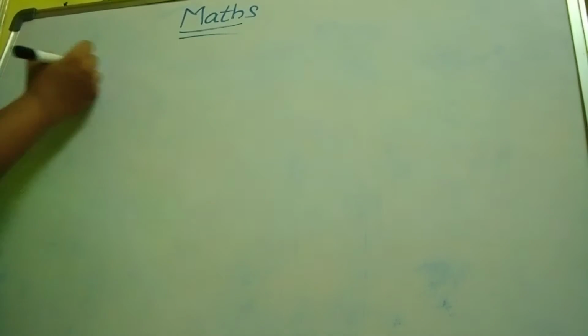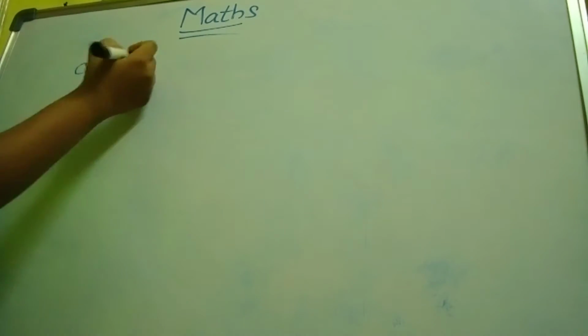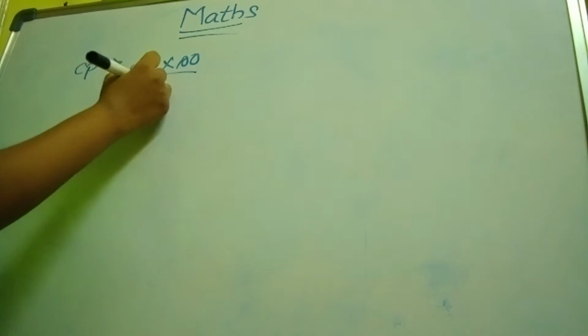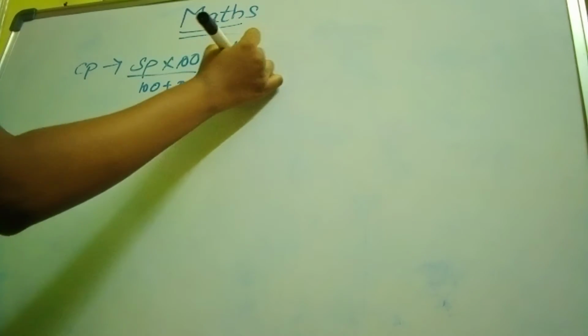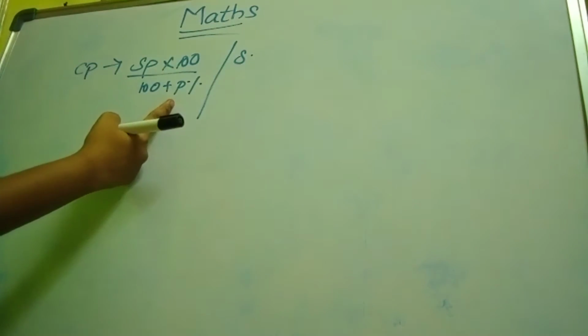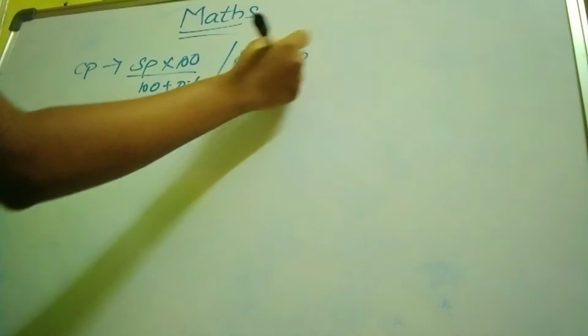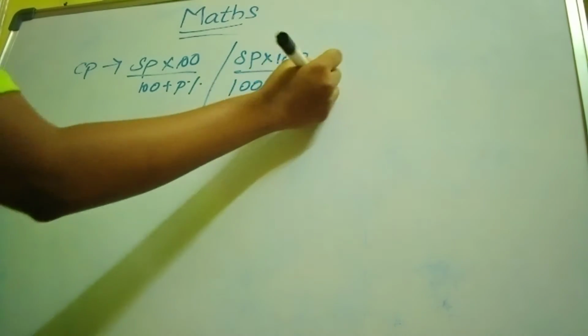Now, what is CP? CP means cost price. How to find cost price? If they have given profit percentage, CP is selling price into 100 by 100 plus profit percentage. If they have given loss percentage, we have to use SP into 100 by 100 minus loss percentage.